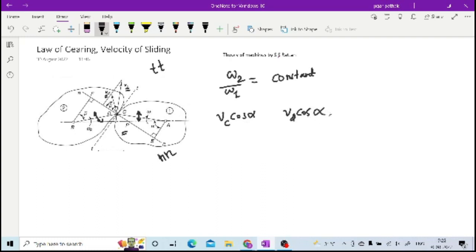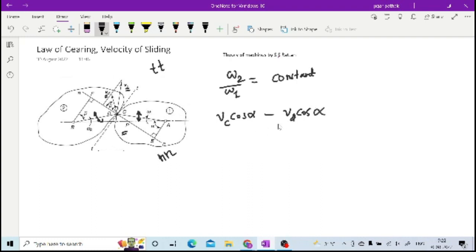Now consider the relative velocity VC cos alpha minus VD cos alpha, in order to check whether there is any penetration, either point C into gear 2, or point D into gear 1, towards C.